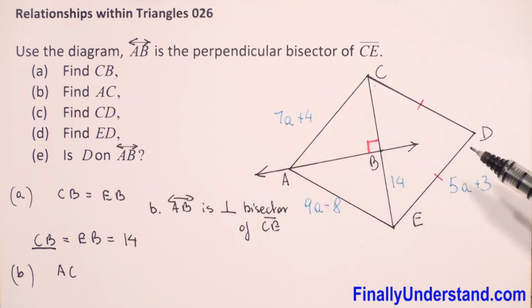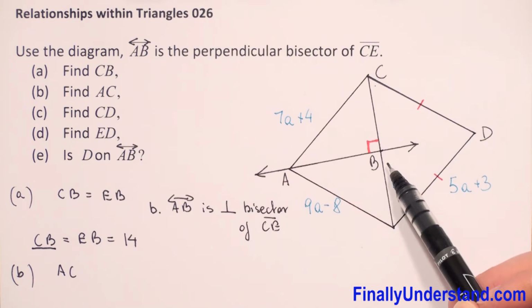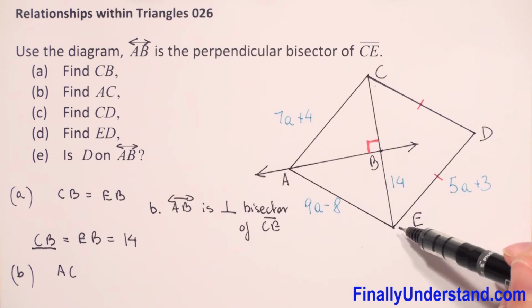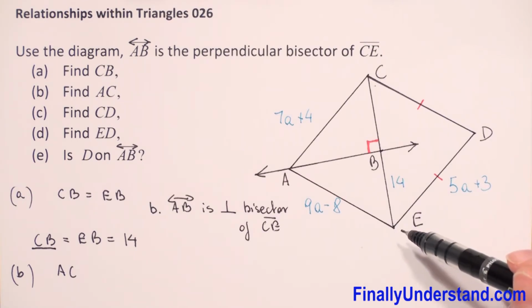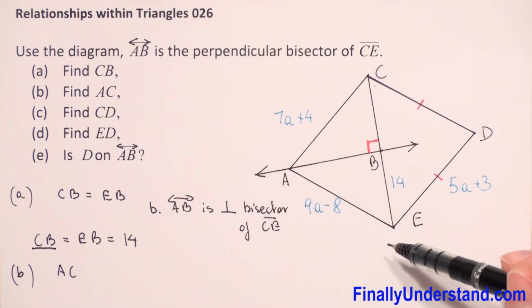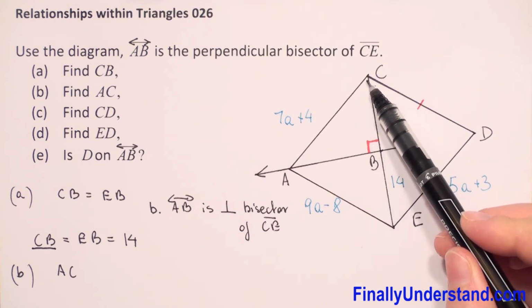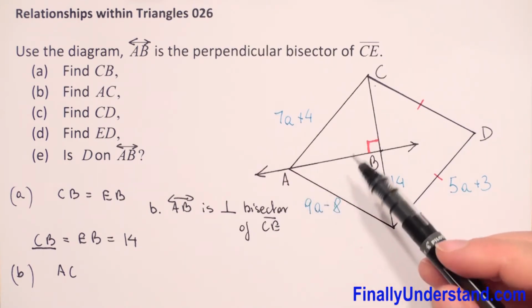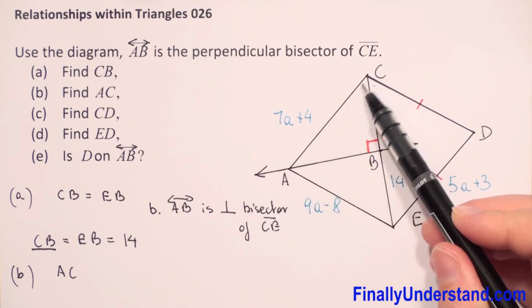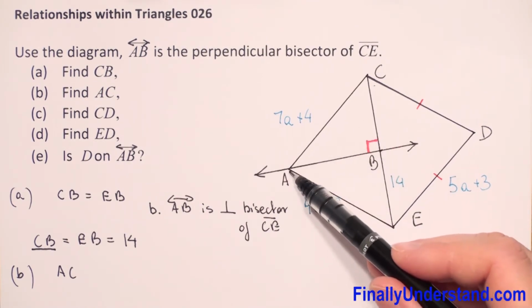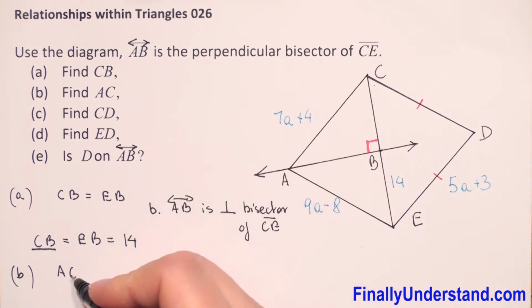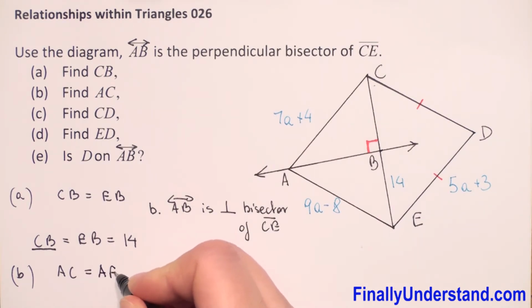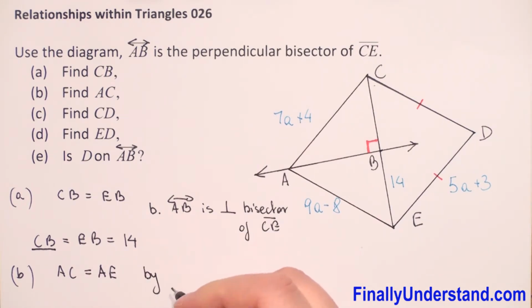What else? Because AB is the perpendicular bisector of CE, it means from the perpendicular bisector theorem that side CA is equal to side EA, or we can write AC, is still the same side, is equal to AE, by perpendicular bisector theorem.